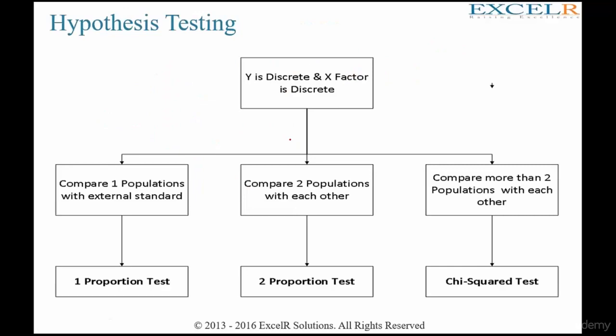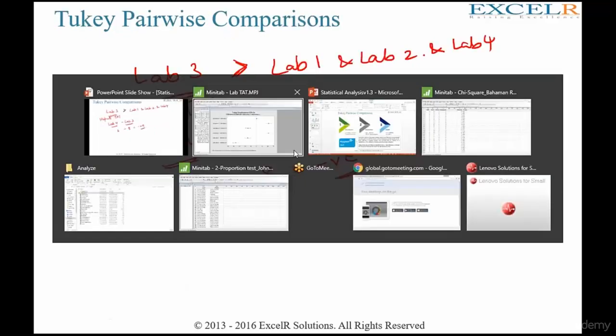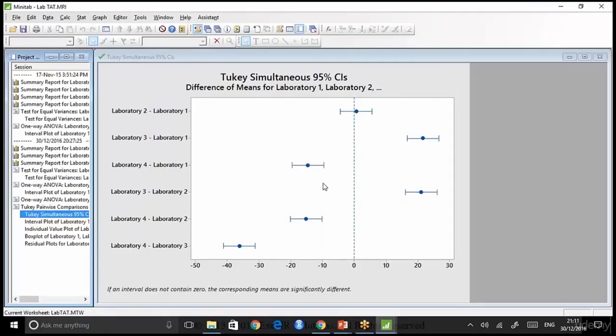And quickly by looking at this, it should be very clear which lab is doing a great job, I mean least transaction time, or turnaround time rather. So if you look at this, lab 4 minus lab 1 is negative, meaning lab 1 has higher turnaround time than lab 4.